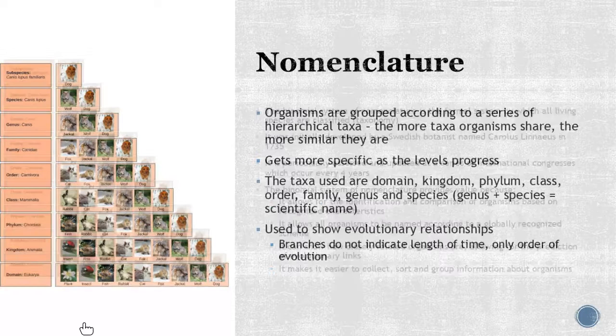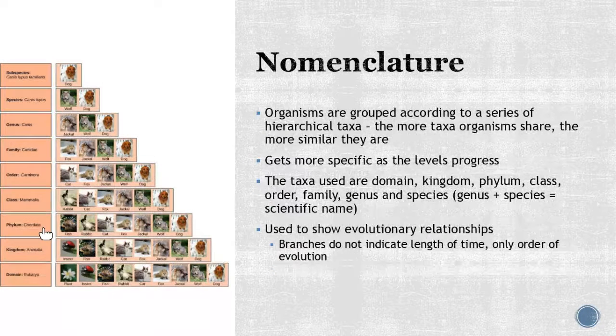So let me go over to this next slide. It has a little bit more information. There are all kinds of different ways you can remember the order of them. On the very first slide was a cheesy one. I always remember King Philip cried out for goodness sakes, but then sometimes you'll see, well, what about subspecies and domain? There are all kinds of little mnemonic devices you can use to figure this out.